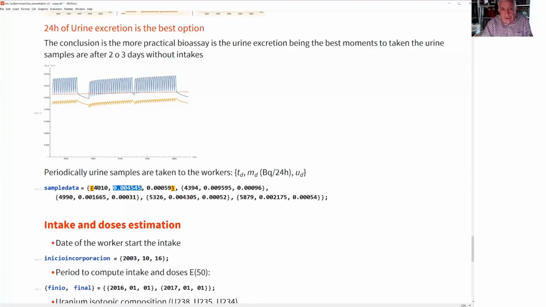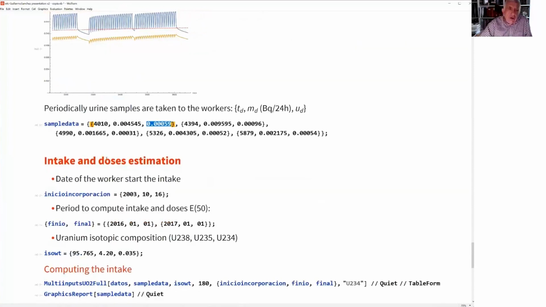The reason is that we actually implemented the method when the worker already had many years working in his job. This is the measure, the urine excretion this day, actually measured, and the corresponding uncertainty of this measure, and so on. We will need other information.